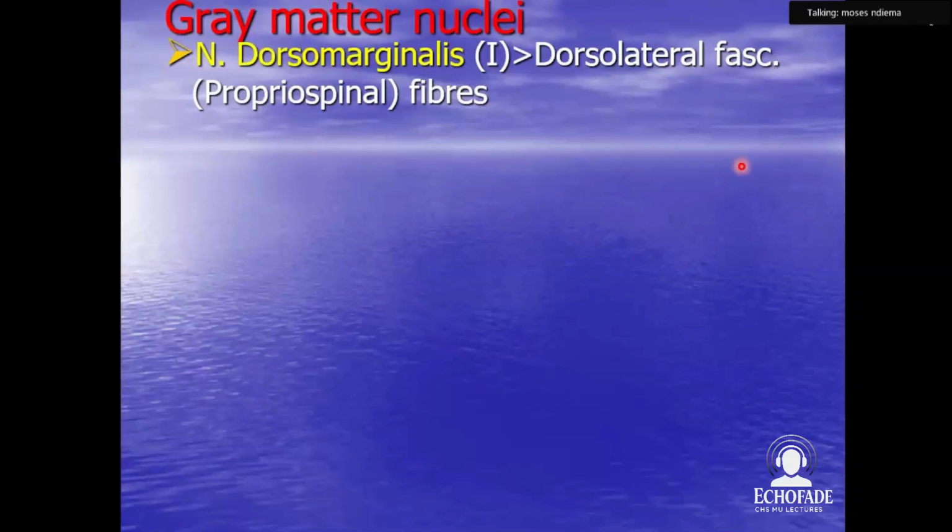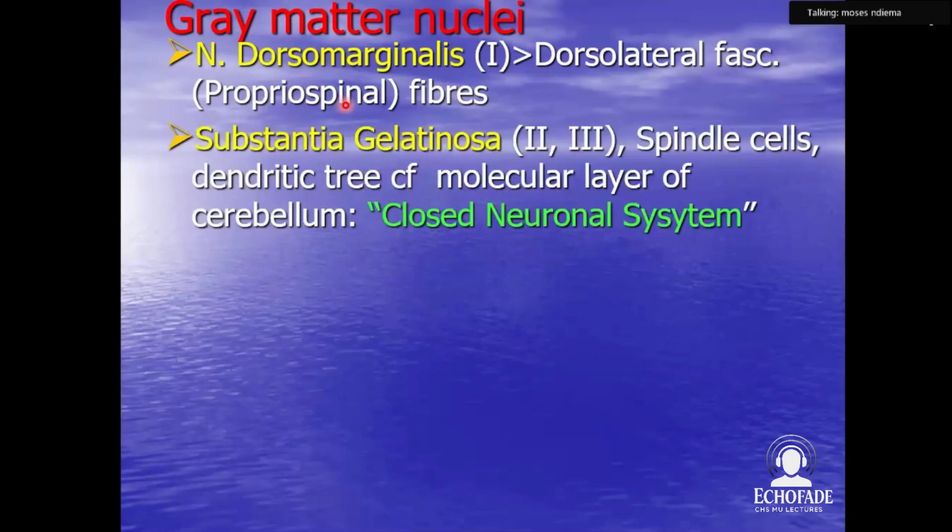Nucleus dorsomarginalis receives fibers from the receptors in the joints, and these ones are now going to send the information to the upper part. Substantia gelatinosa is mainly from the upper part, from the ala region.